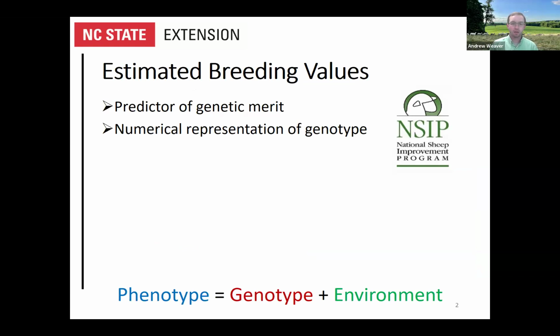These EBVs, estimated breeding values, are simply predictors of genetic merit. So they're a numerical representation of genotype. And so you might think of, I often use coat color as an example. We think about black cattle versus red cattle, and that red is recessive. And so for a trait like that, one gene really controls that phenotype, and what we observe is relatively simple, right? We just use some letters.